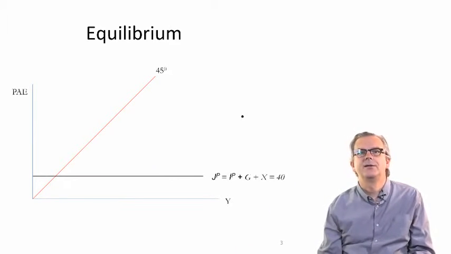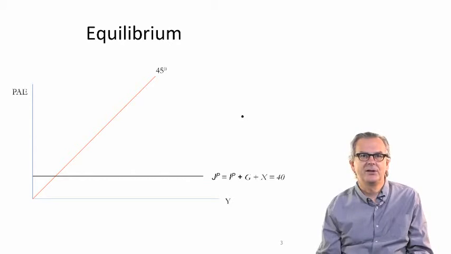So let's start with planned injections. You'll recall that planned injections can be represented visually by a horizontal line in this particular framework, where the fact that this line is horizontal reflects our assumption that the spending plans of firms, government and foreign residents are exogenous, so they don't vary systematically with current GDP.